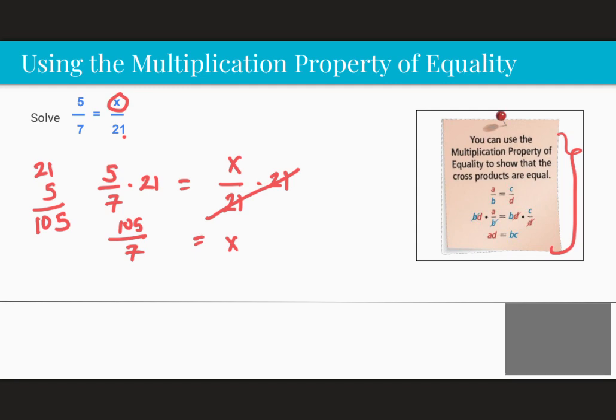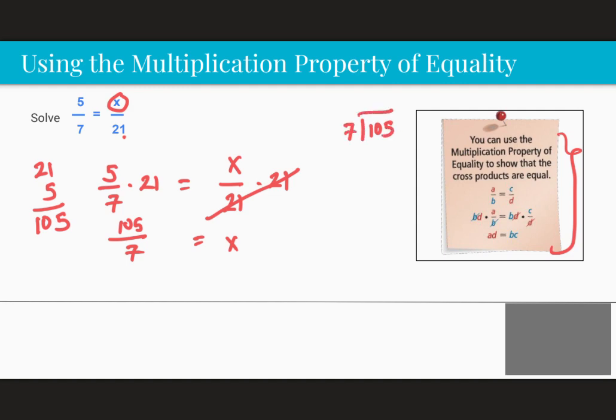And then if we divide 105 by 7, how many 7s do we get in 105? I'm going to have to do a long division here. So let's try a long division. We have 105 divided by 7.